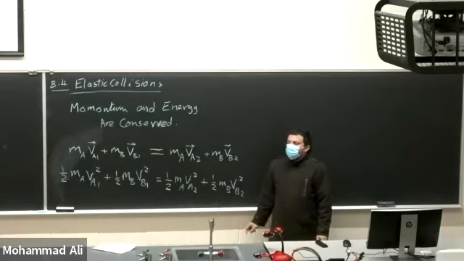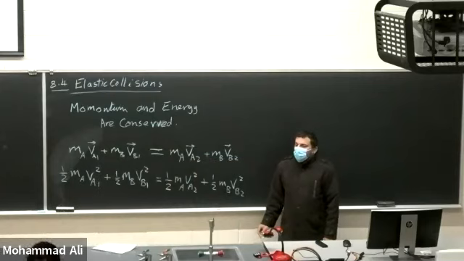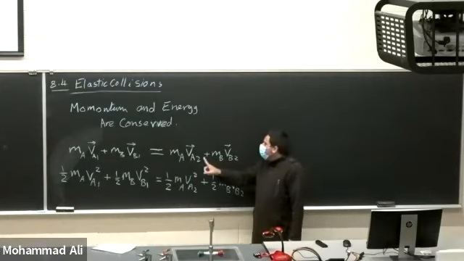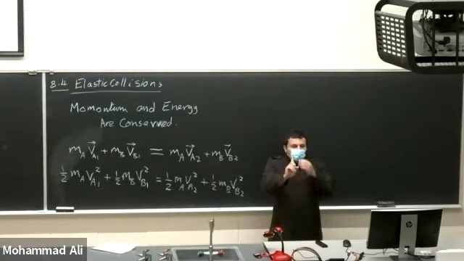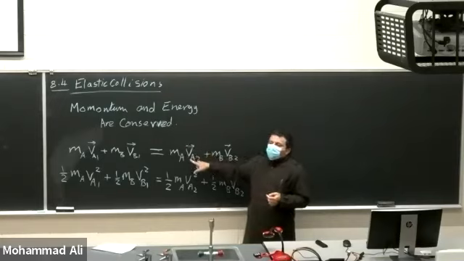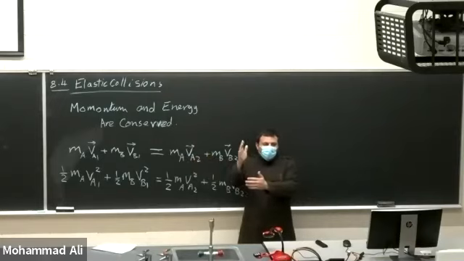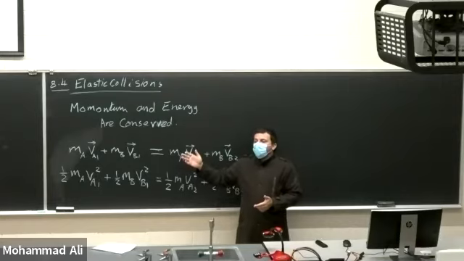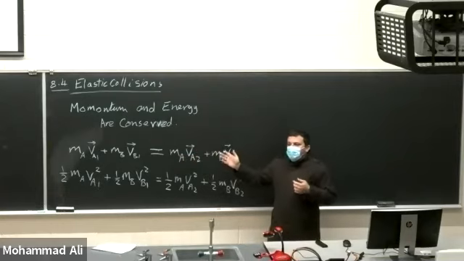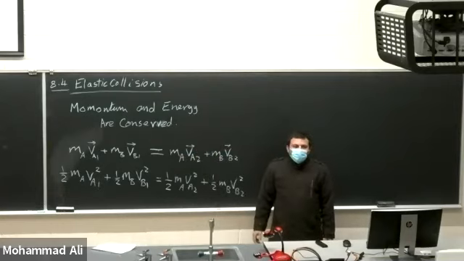For the elastic collision, we have 2 unknowns, V_A and V_B. Just in 1 dimension, but as a vector, V is equal to Vx i hat plus Vy j hat.